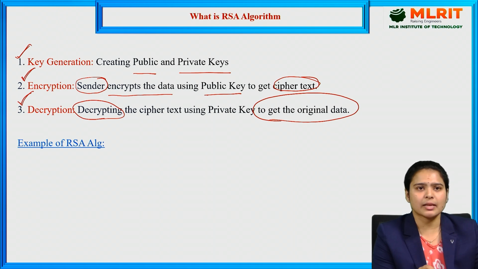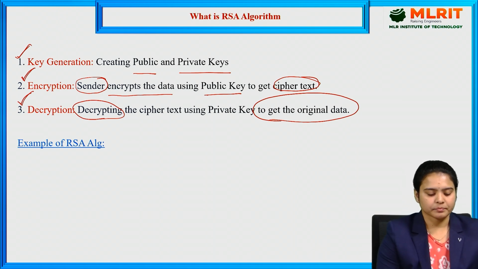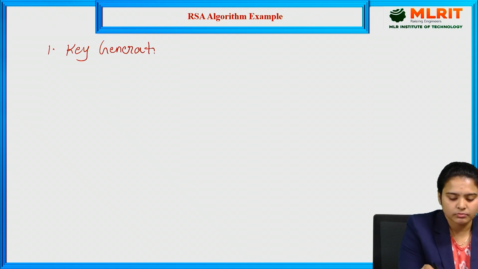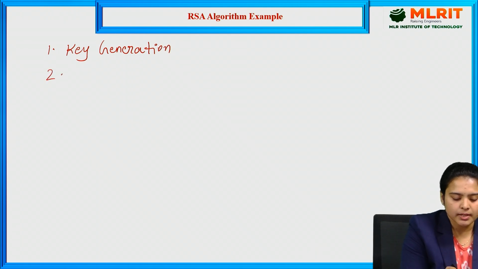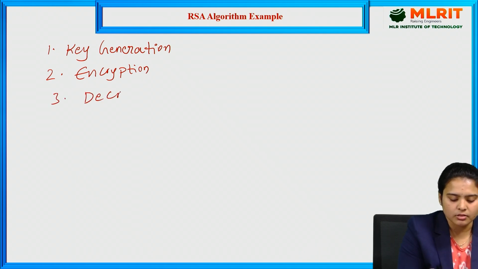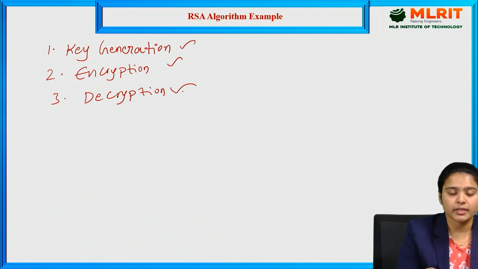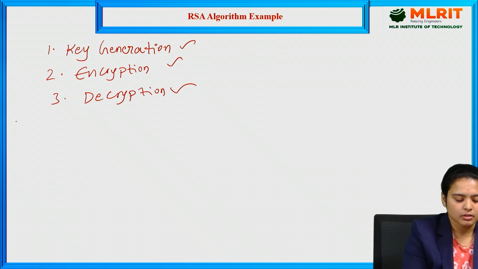Let us see an example of the RSA algorithm. We are going to see three steps: the key generation process, the encryption process and the decryption process. We will see these step by step. First one is key generation.